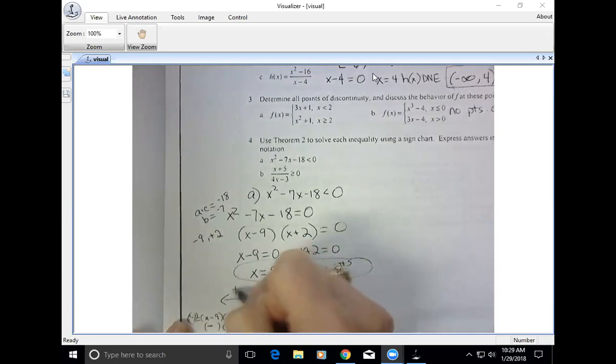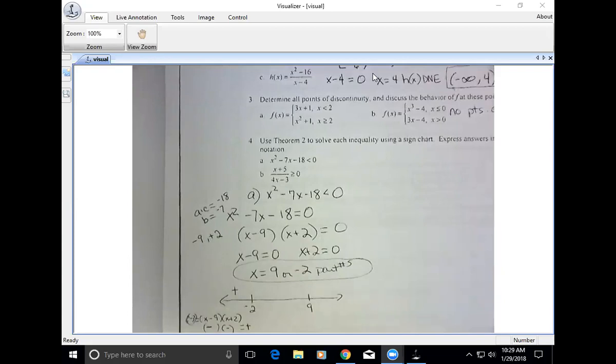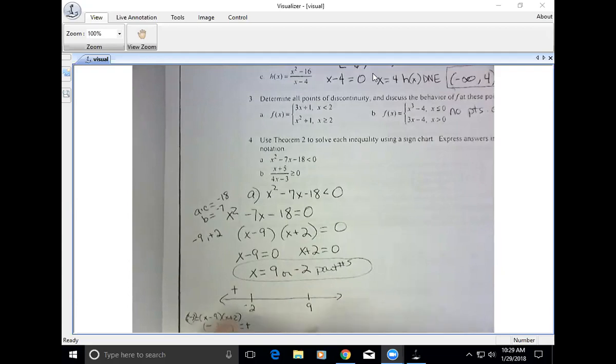That tells me these values to the left of -2 should be positive numbers. You could try another one. If I put in a -4, there's still going to be a negative in the first parentheses, a negative in the second, and a negative times a negative will give me a positive. So anything to the left of -2 is going to give me some positive value.